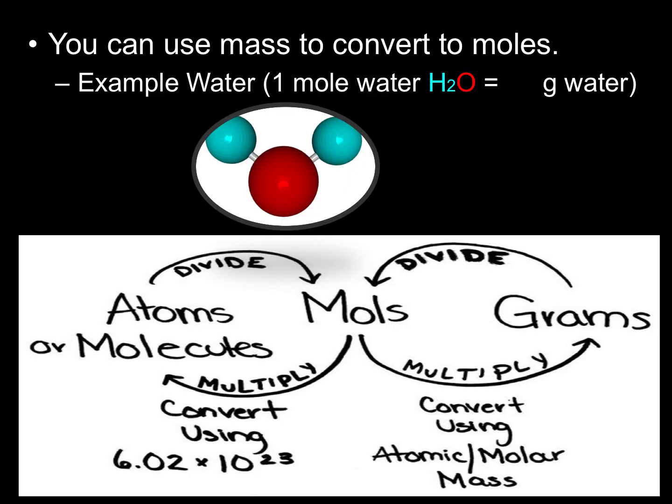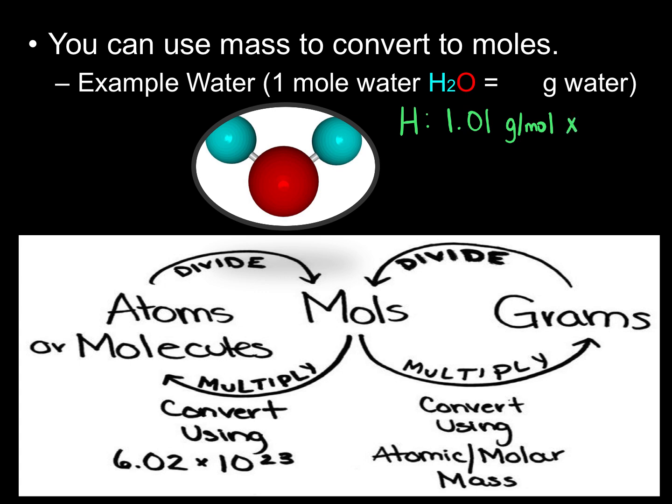We've also learned that there's a relationship between mass and moles. 1 mole of any material is equal to its molar mass. So we can calculate the mass of 1 mole of water by looking at its formula. There are 2 hydrogen atoms, and hydrogen has a mass of 1.01 grams per mole. So that means 1 mole of it is going to weigh 1.01 grams.